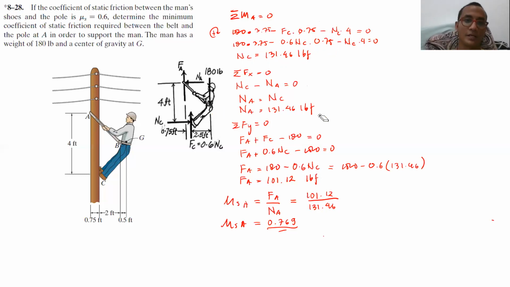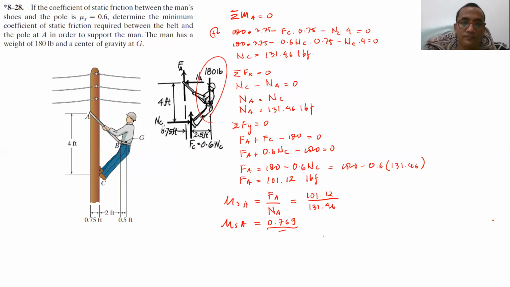Then using sigma Fy equal to 0. There are three forces which have a vertical direction: Fa, Fc, and 180 lbf. Remember Fc there, we're supposed to replace it with 0.6 NC. If going up is positive, we have Fa going up positive, Fc going up positive, and negative 180 lbf because the weight is going down.